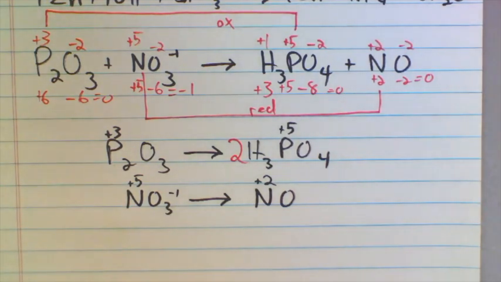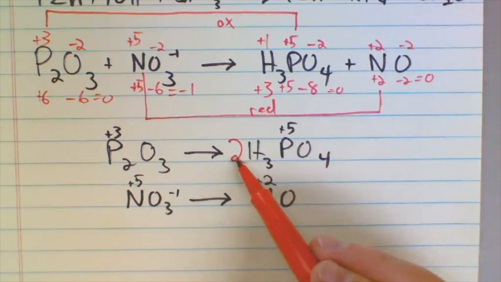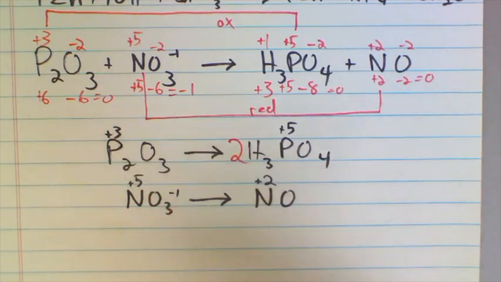We're going to add electrons to the more positive side of each half reaction. What's the more positive side in the top one? The right. And how many electrons do we have to add? 2. Now, I'm being tricky here. You have to carry those coefficients and subscripts.